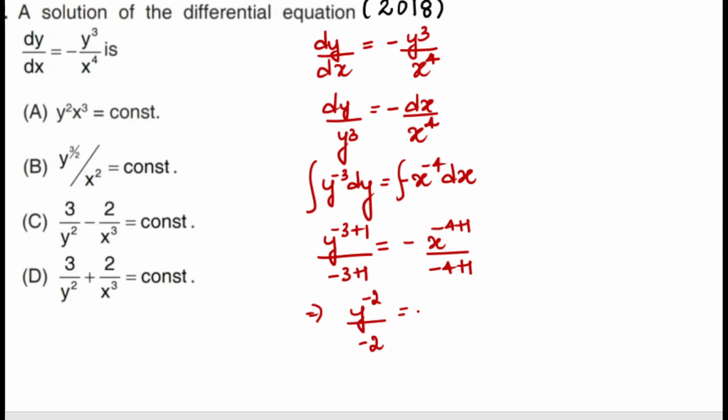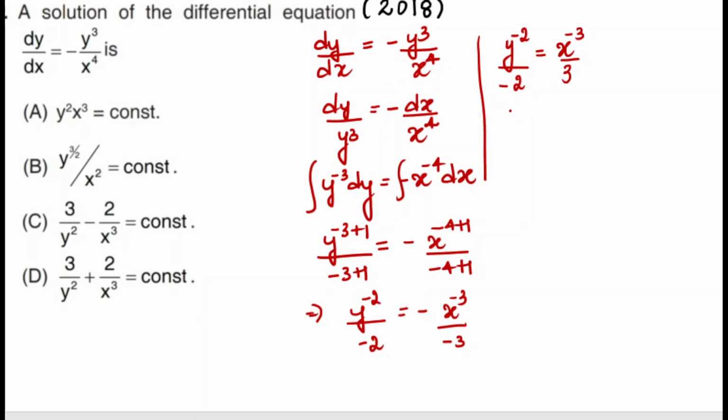Now on rearranging, it will be y to the power of minus 2 divided by minus 2, that is equal to minus of x to the power of minus 3 divided by minus 4 plus 1, which is minus 3. Okay, I'm going to continue here. So on rearranging, minus of minus will be plus, and y to the power of minus 2 divided by minus 2 is equal to x to the power of minus 3 divided by 3.